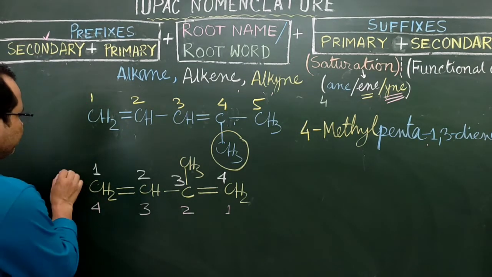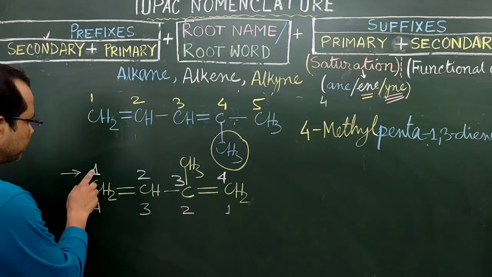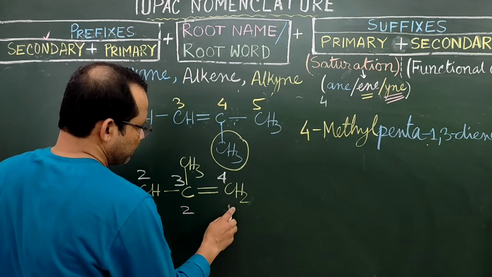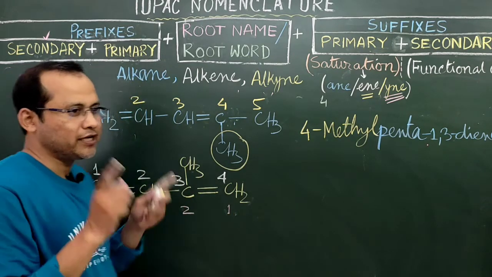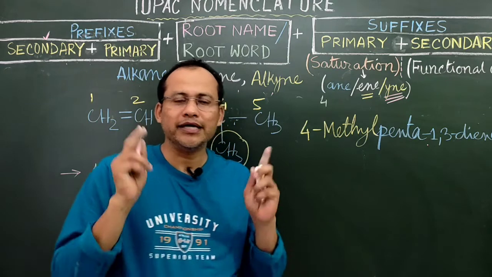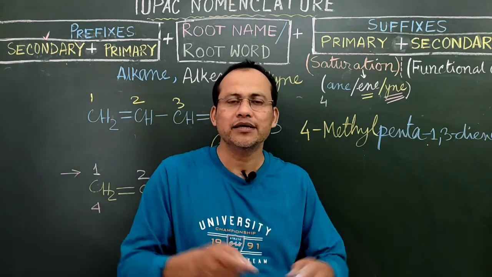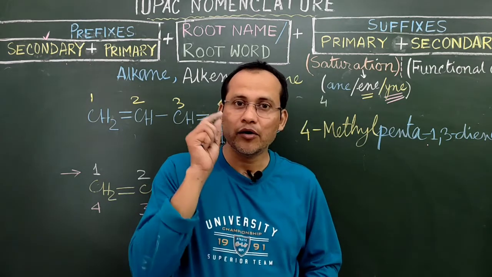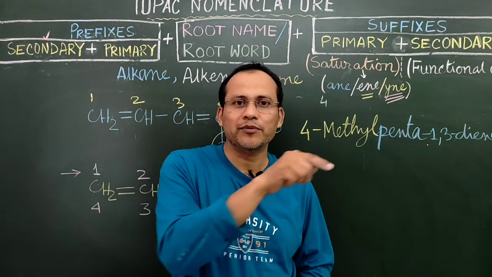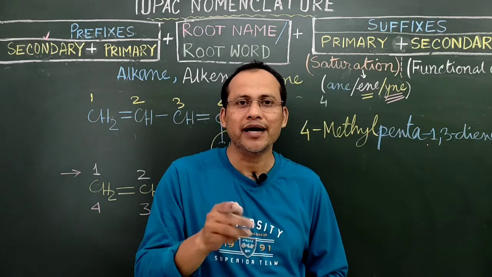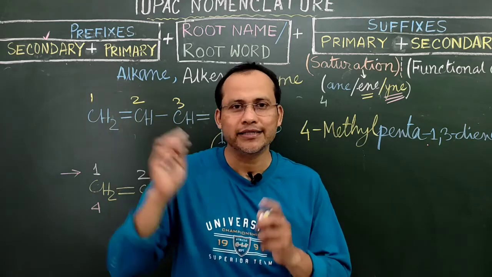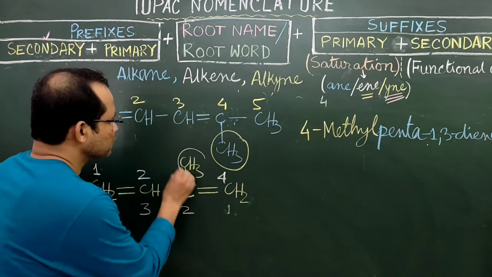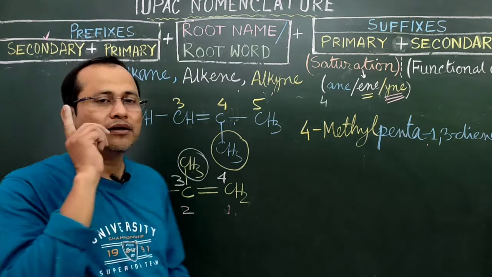Now look, if we move from left, the double bond is coming first, and from this side it is coming first. So the position regarding the double bond is a tie. From either of the sides, the position of the double bonds is the same. So in that case, the way of giving the number to the carbon atoms will be controlled by the extra things which are present in the compound. Here the substituent methyl group. So this methyl will contribute.